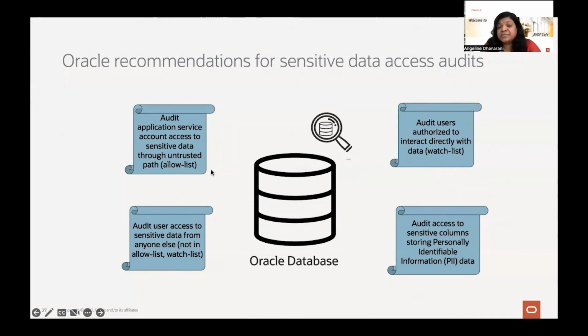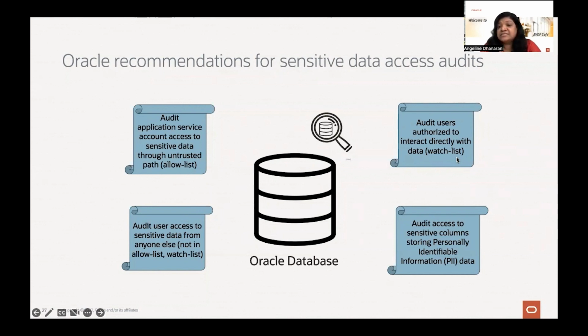For example, for sensitive data accessed through the application service account, you would want to audit only when it comes from the untrusted path. For the trusted path, your trusted servers and trusted IP addresses, you don't even want to audit, because the application service account itself is an authorized one. So only when access to sensitive data comes through an untrusted path might you want to audit.